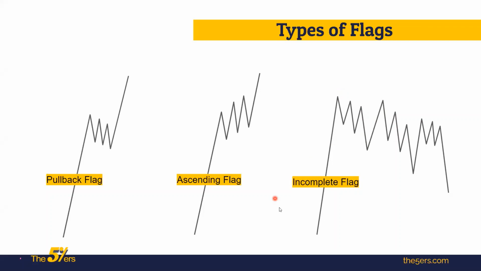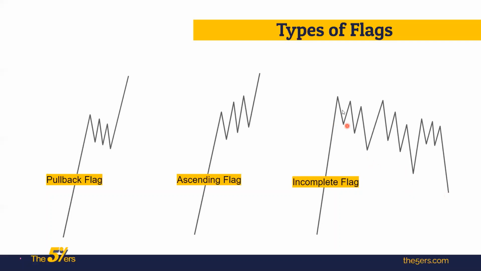We really need to understand the incomplete flag, because we don't want to trade where we don't have a conviction for the flag to be actually completed. If it's an incomplete flag, then price may continue this and we're not going to be on the right trade.